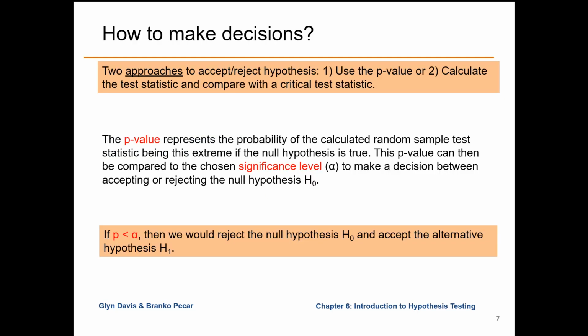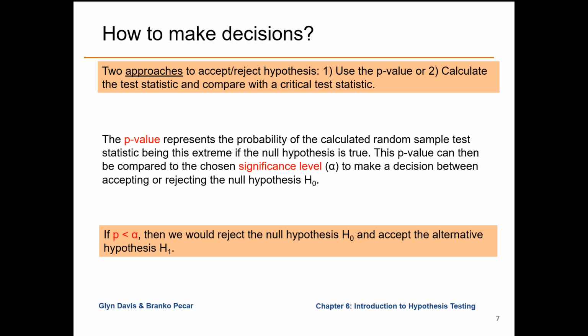Now, how do you make decisions? Well, in SPSS, it will never give you the critical value, say of t or whatever. It always gives you the test p value. With Excel, the data analysis solution will give you the p value.